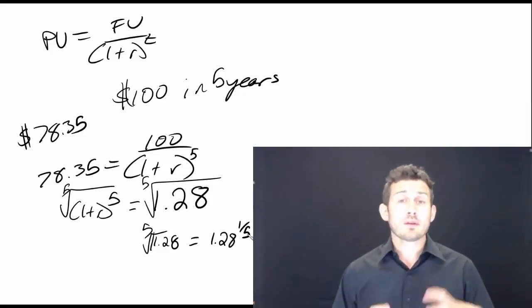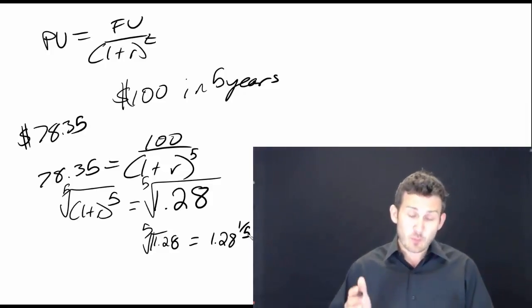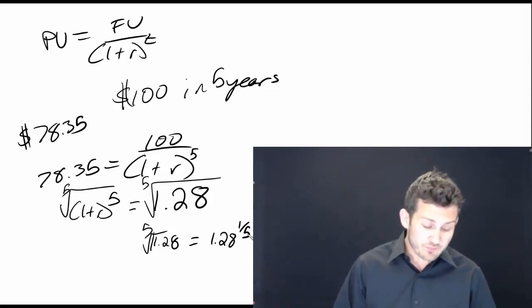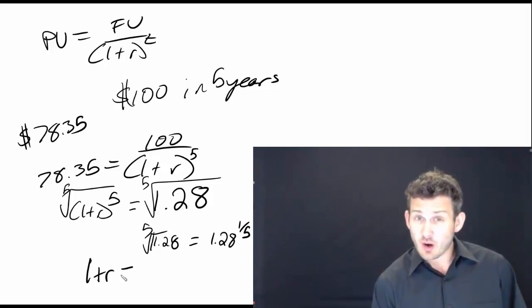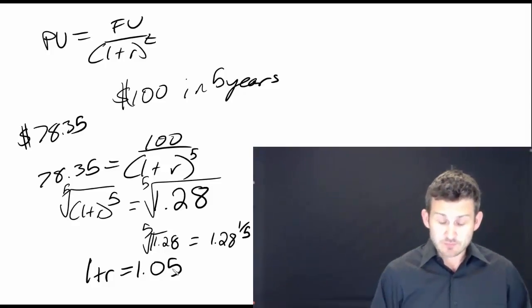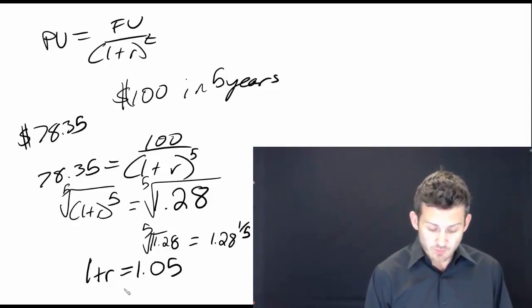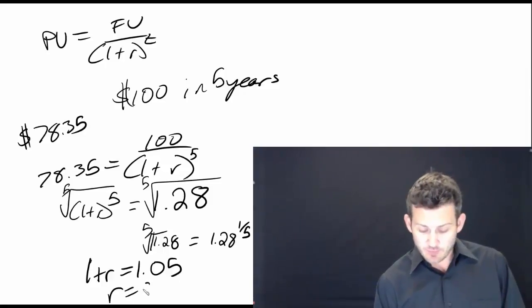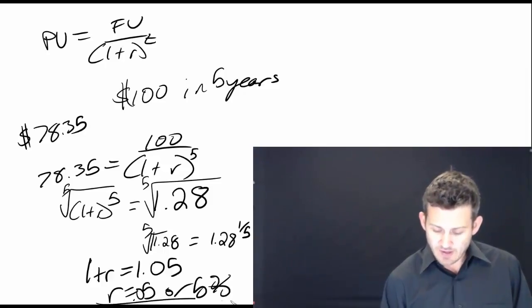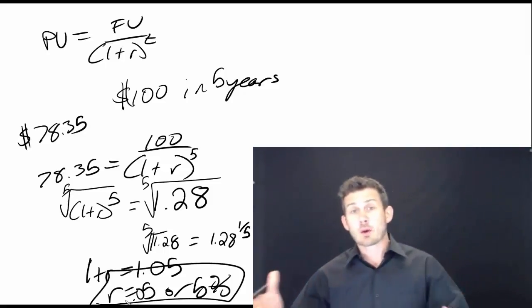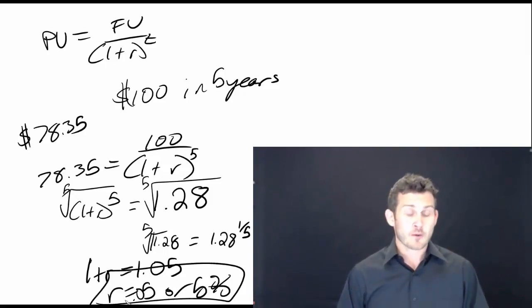When you put this in the calculator, we take 1.28 and raise it to the 1/5 power, which means that 1 plus R equals 1.05. We subtract 1 from both sides, and we end up with R being 0.05, or 5%. So that's how we go about solving for R.